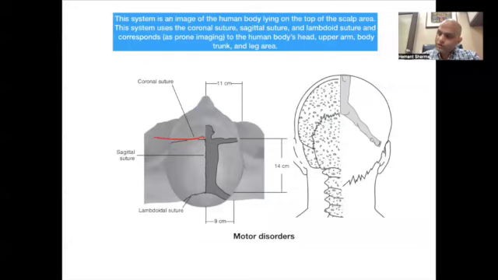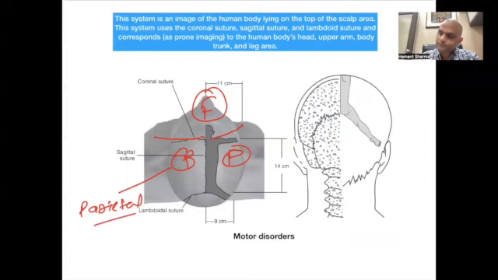So one suture is going on both sides because this is the frontal bone and these are the parietal bones. So this is the suture separating both the bones. Then one suture is coming in the center, that is called sagittal suture. This sagittal suture is separating both parietal bones from each other.